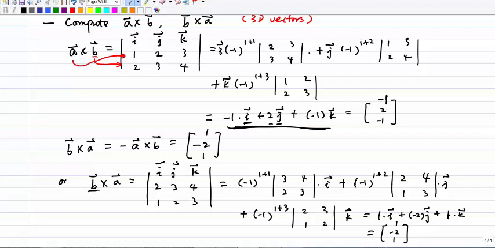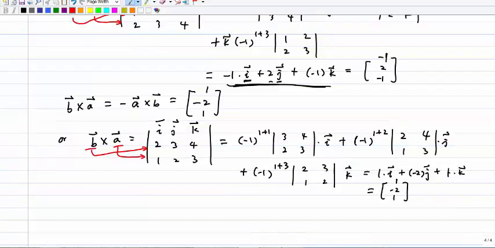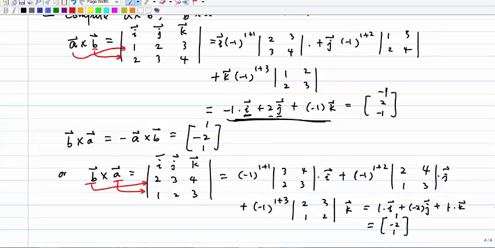This time you put the B as the second row, because B comes first. Then you put A, whatever numbers in A, as the last row because the A vector comes as the second one in your cross product. Okay, then you can do the same way, then you should get the same result over here. Okay, that's all for the midterm review solutions.